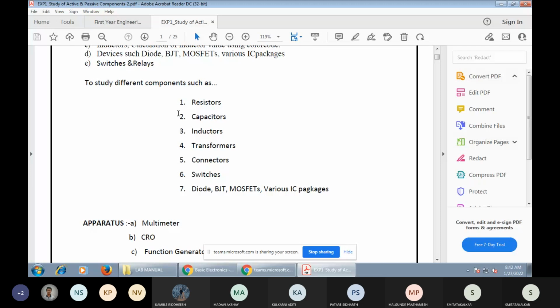Next, the BJT is a bipolar junction transistor. The BJT can be used with the resistor, connectors and the switches, because the BJT is one type of switch.